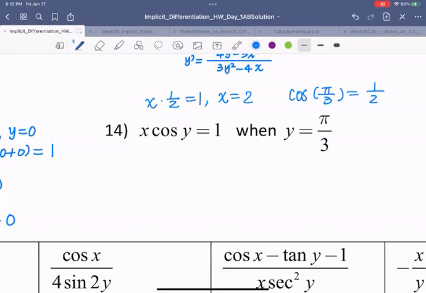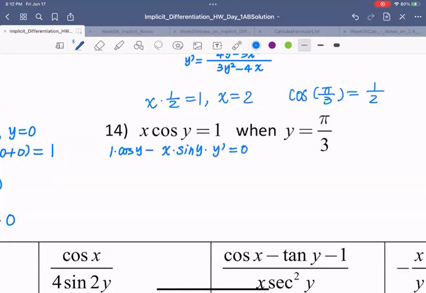The derivative of x cosine y is 1 times cosine y plus negative sine y times y derivative times x, and then that equals 0.